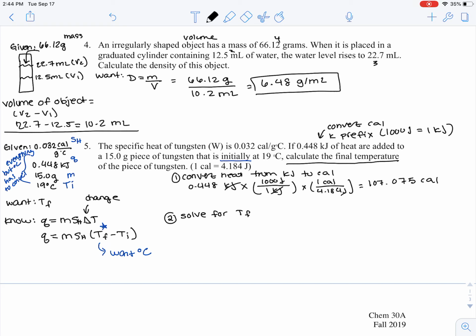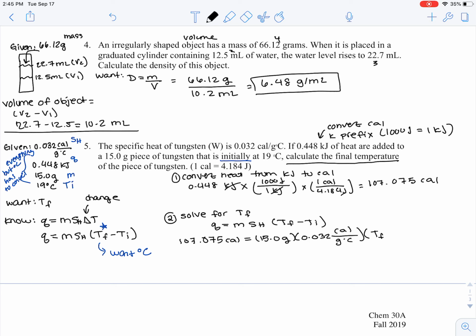Just plugging in values. So I have, if I write my equation back up here, I have my heat, which I converted, 107.075 calories, is equal to the mass, 15 grams, times the specific heat, 0.032 calories over grams Celsius.